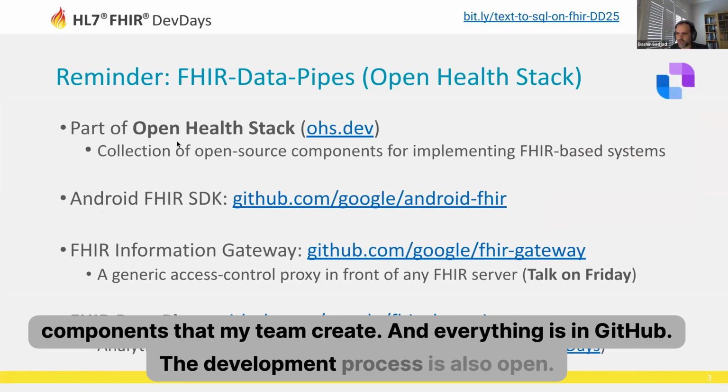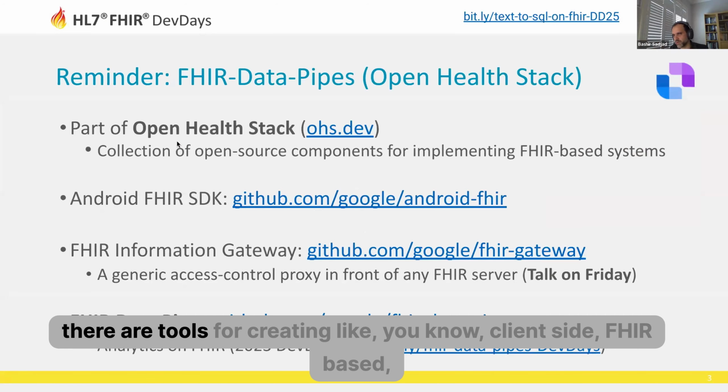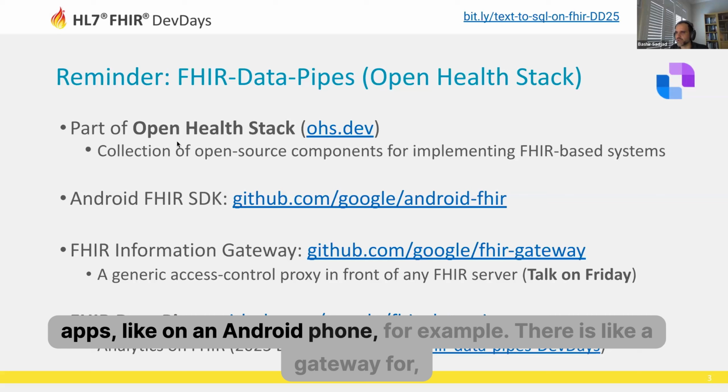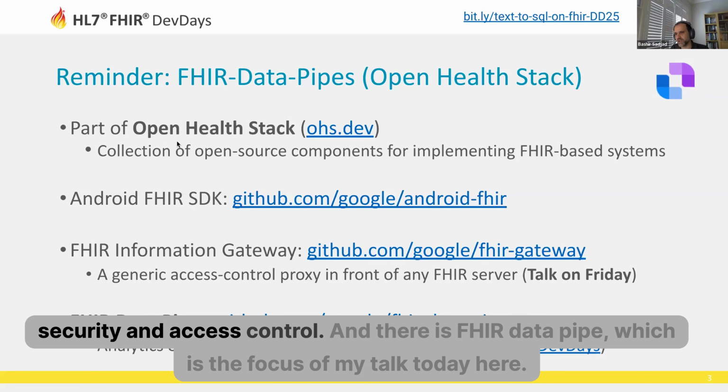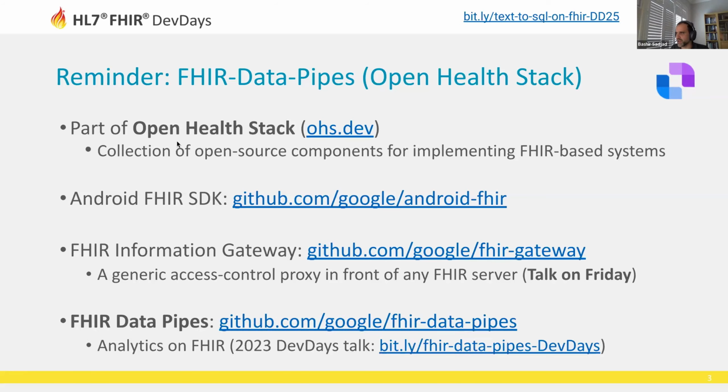The development process is also open. There are tools for creating client-side FHIR-based apps, like on an Android phone, for example. There is a gateway for implementing security and access control. And there is FHIR data pipes, which is the focus of my talk today.